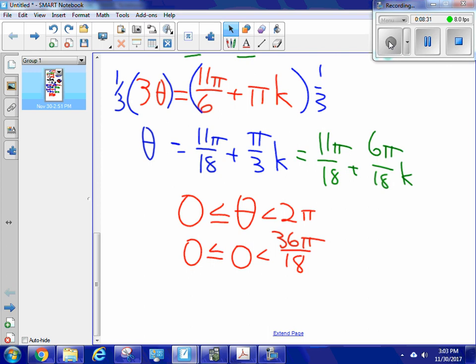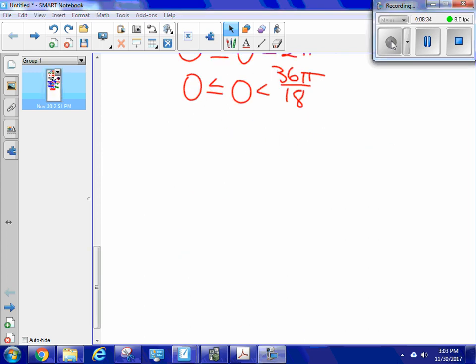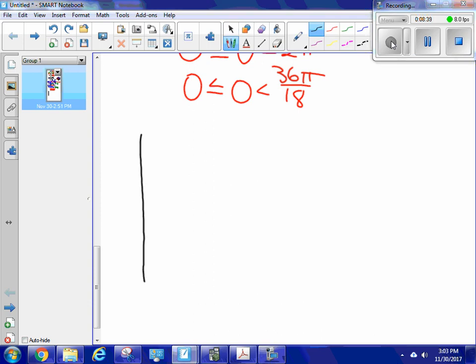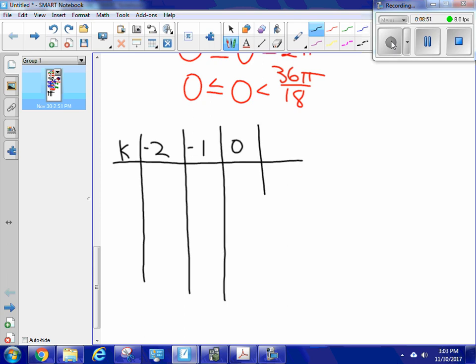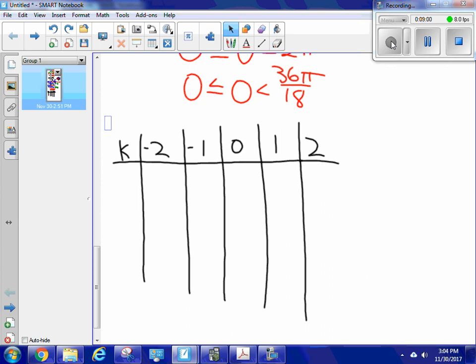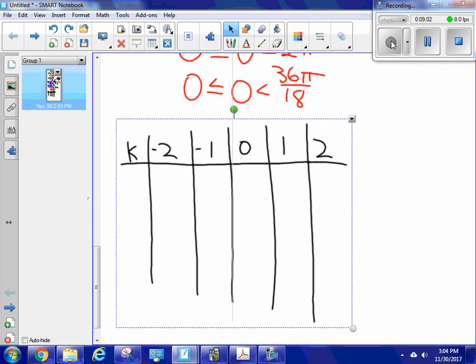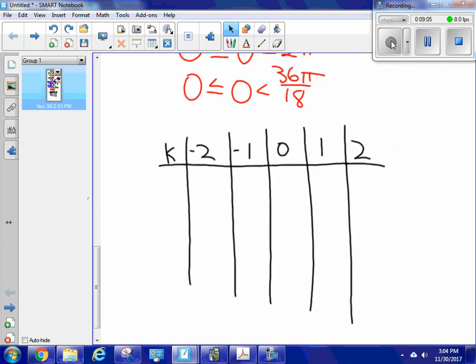Well, I think the first thing I'll do with my table is I'll put in my k's. So I'm going to have k, and I like to start with -2, and then -1, and then 0, and 1, and 2. Those are the k's that I'm going to try. And I kind of need to move this over a little bit because I have to get some room for my equations.